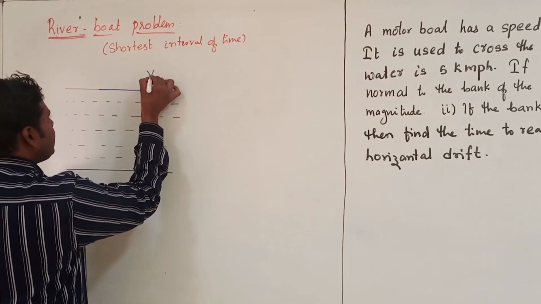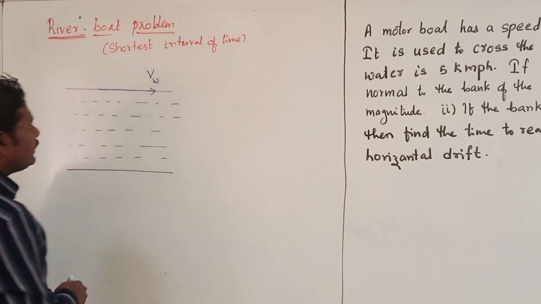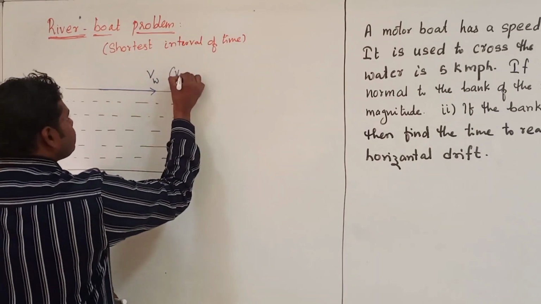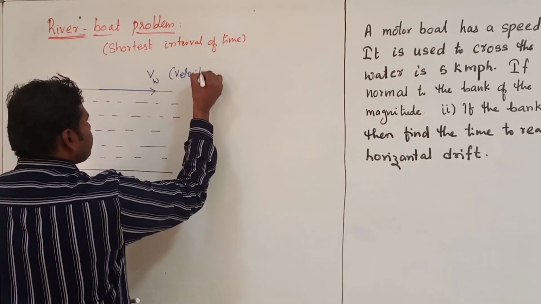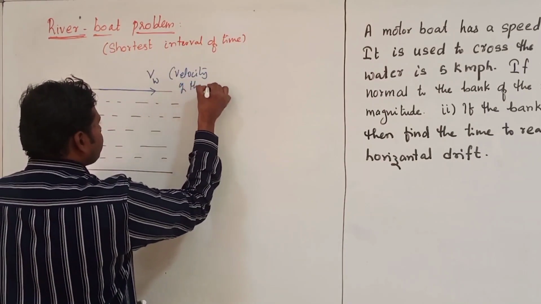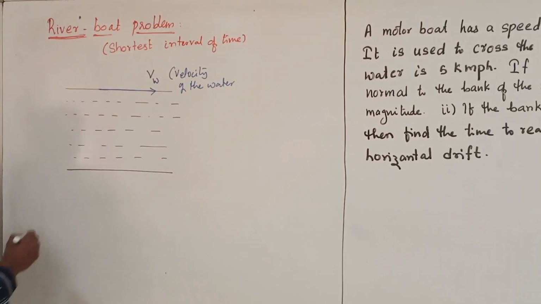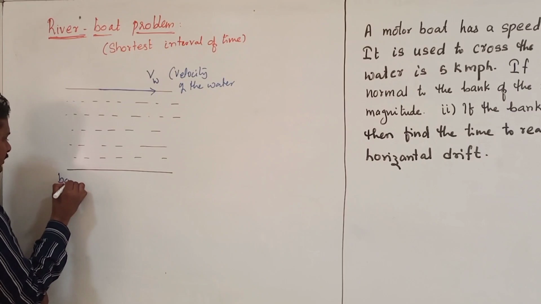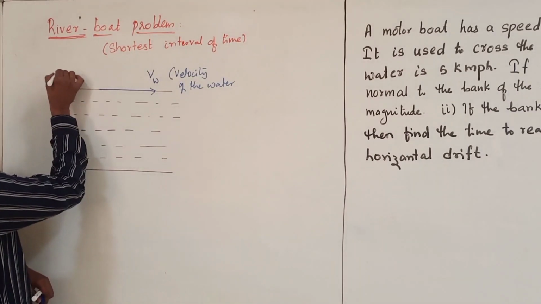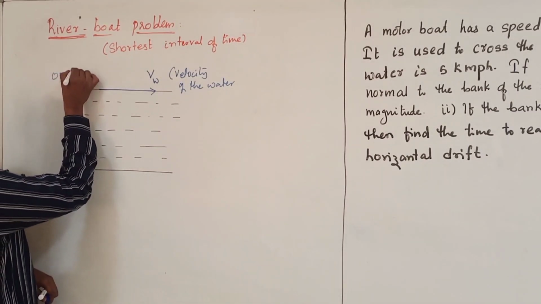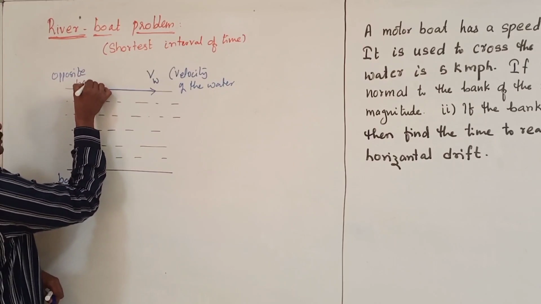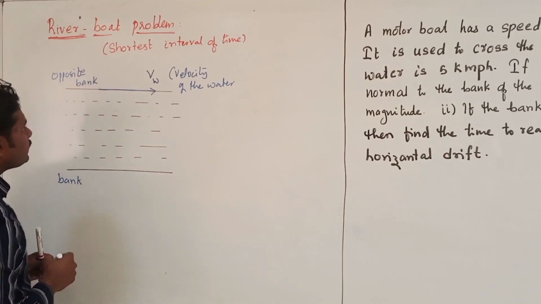This is the velocity of the water. Now this is the bank, the opposite bank.